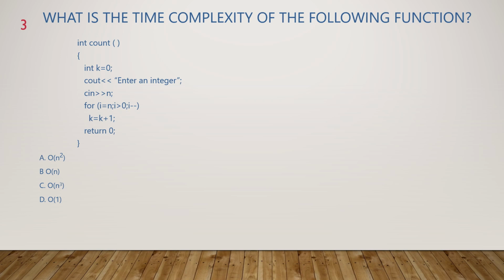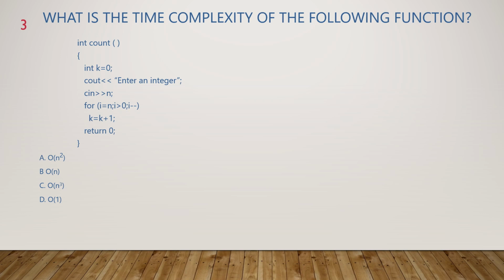Question number 3. What is the time complexity of the following function? The function int count, then int k equals 0, cout enter an integer, cin n, and then a for loop: i equals n, i greater than 0, i-- is a decrement, then k equals k plus 1, then return 0.